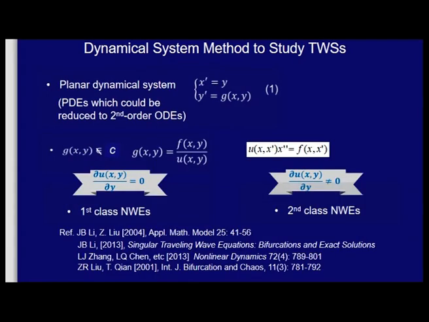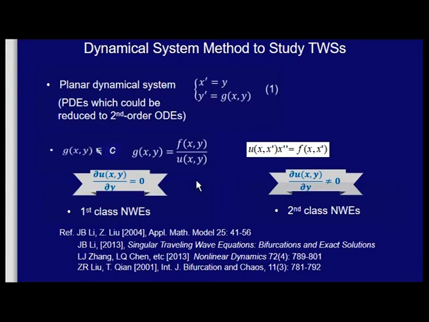For the second case, if G is not in C, for example, G is given like this. Like if a PDE's corresponding traveling wave solution is in this form, then the function G is not a continuous function.